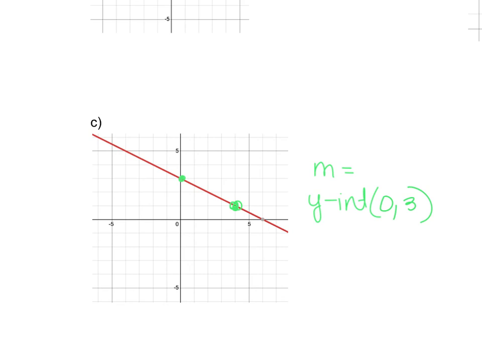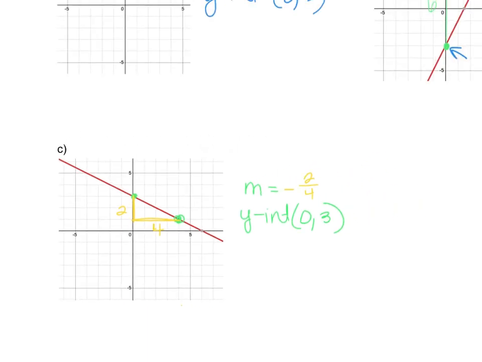It's going down, right? So I'm going to put a negative sign there so I don't forget. So it goes down 2 over, you count the spaces. People struggle with this sometimes. Over 1, 2, 3, 4, count the spaces. So this would be -2 over 4, which reduces to -1/2.